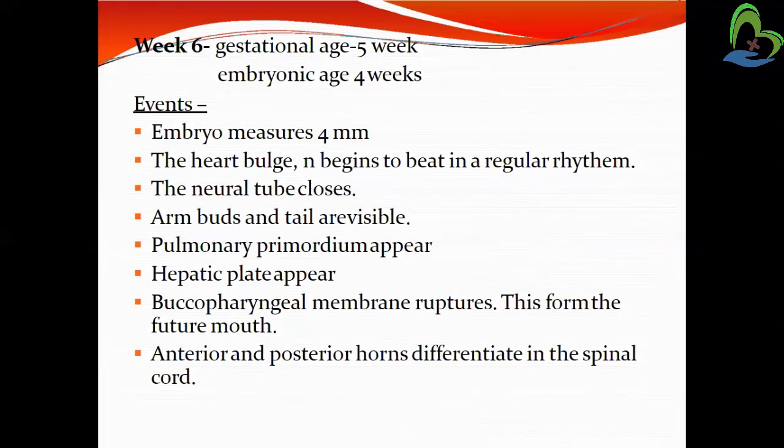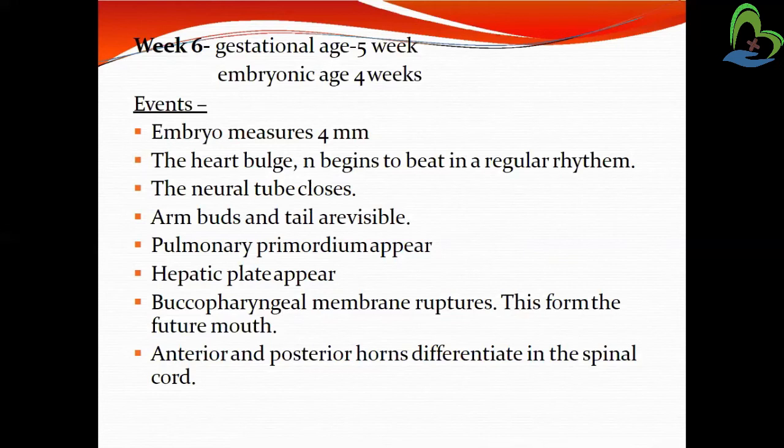So mark this line, the heart bulging and beating starts from the 6th week, in a normal rhythm. Then the neural tube is closed and arm buds and tail buds are visible in the 6th week.